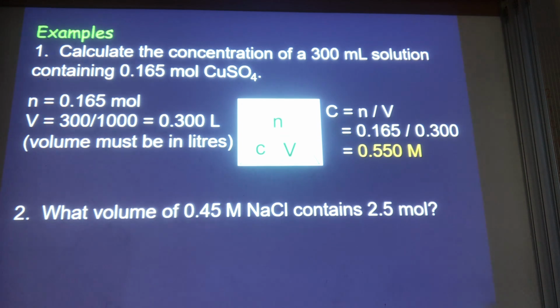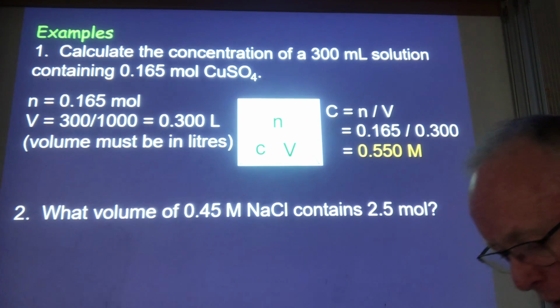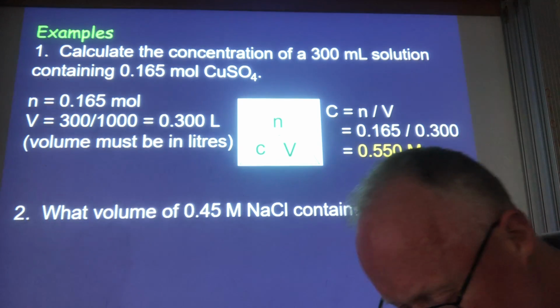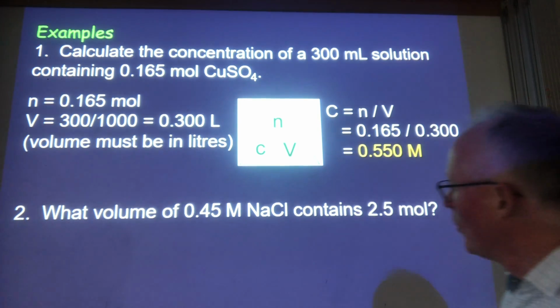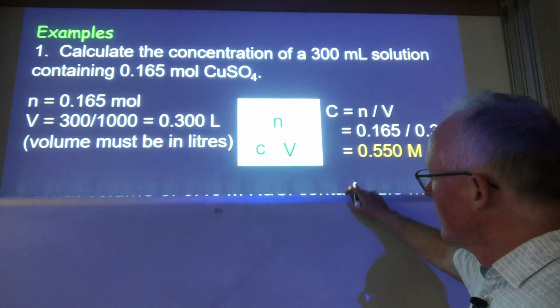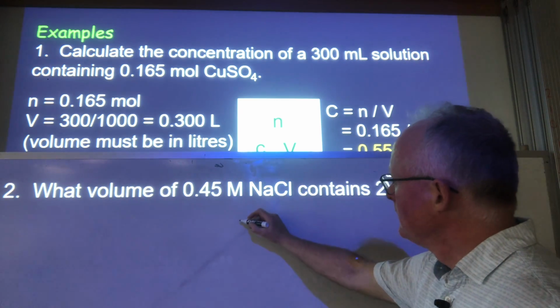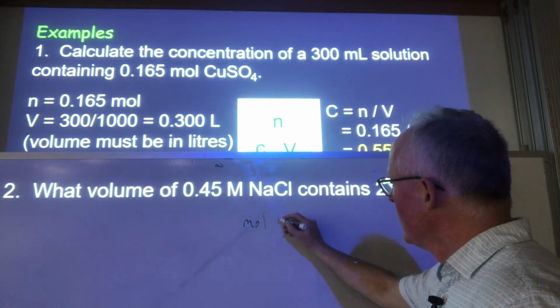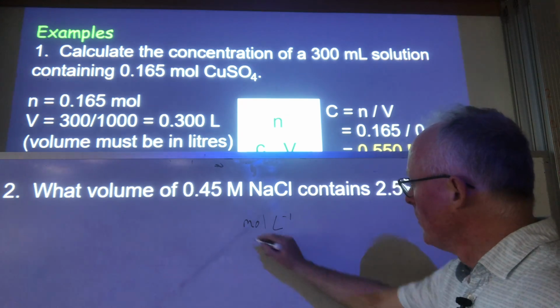Okay, this time we're after a volume. We know the concentration, 0.45 molar, and we know that contains 2.5 moles. And just a point on how we're expressing that as molar. The unit is capital M, molar, and it's pronounced molar, and it's just as correct to say moles per litre.